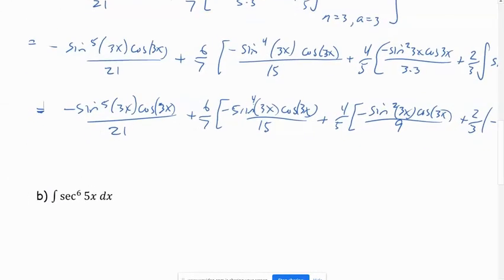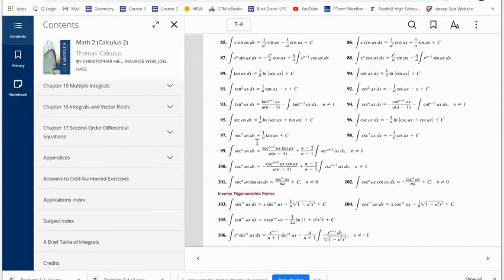So go ahead now and see if you can find a reduction formula that will help with B. And pause your video. Try getting all the way to a final answer with this one, and then press play when you're ready to see the solution. So looking at the table, we see formulas 99 and 100 are the reduction formulas for secant and cosecant.